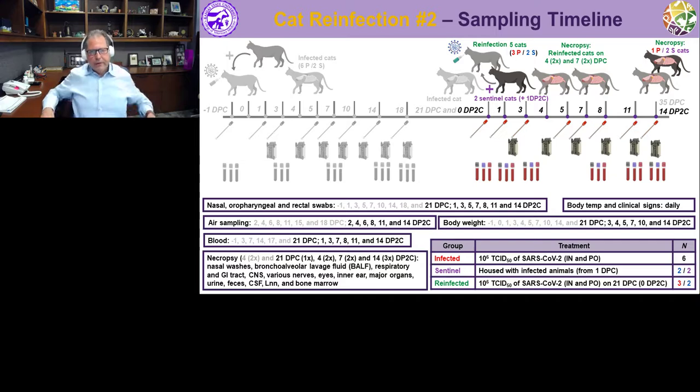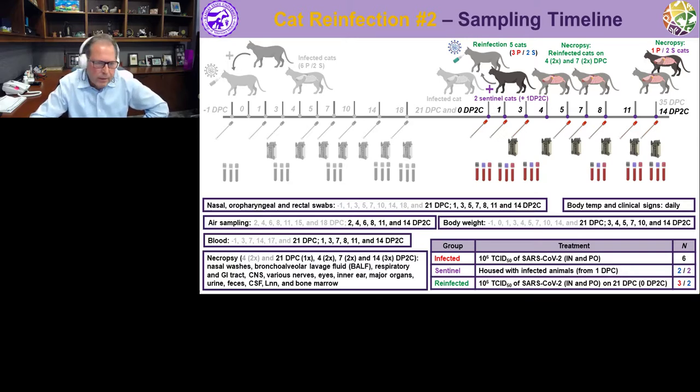We did a second reinfection experiment where we used 5 cats, which we reinfected, and we added 1 day after reinfection 2 sentinel cats to see whether the reinfection could lead to transmission of virus to sentinel cats. And we followed these animals for up to 14 days. Again, with daily body temp, clinical signs, body weights.